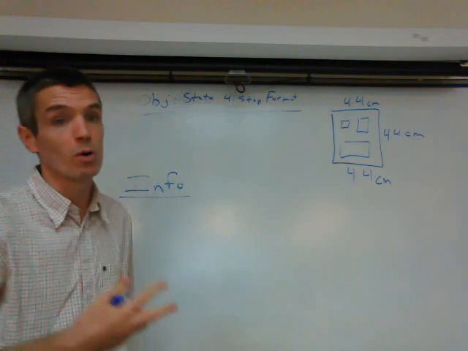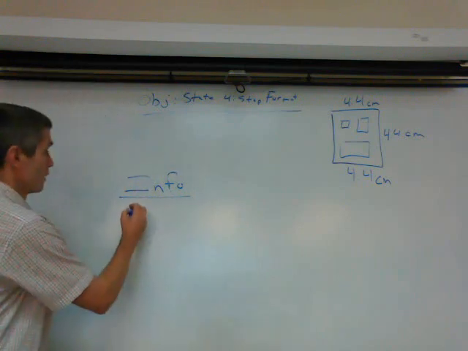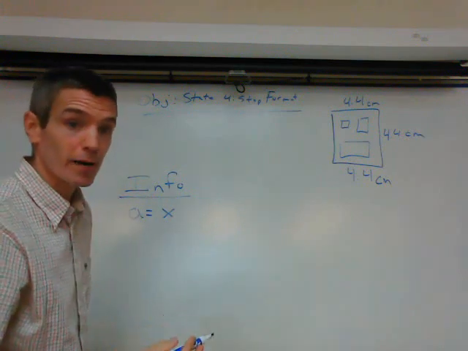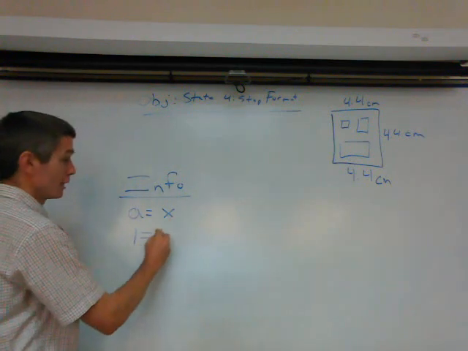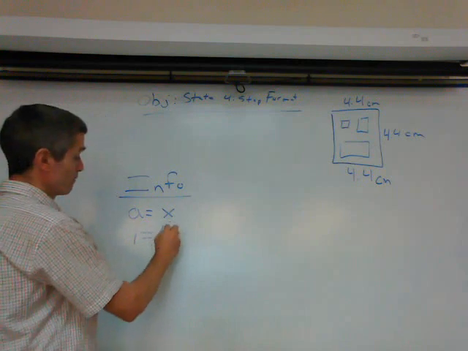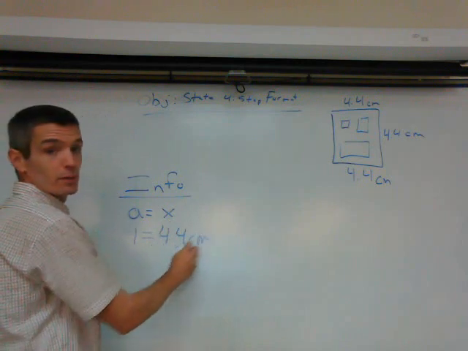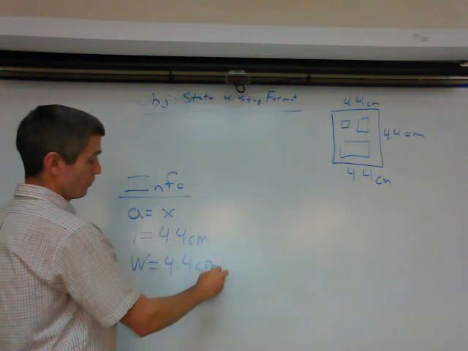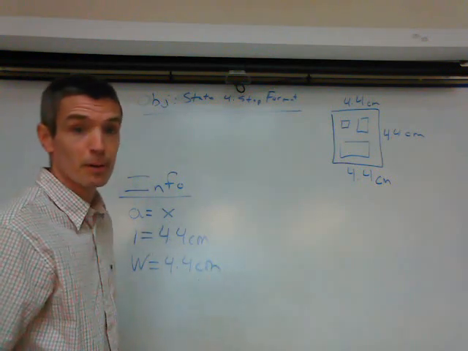What do I know and what do I not know? I'm looking for area, so my area is x. I know my length is 4.4 centimeters and my width is 4.4 centimeters. All right?